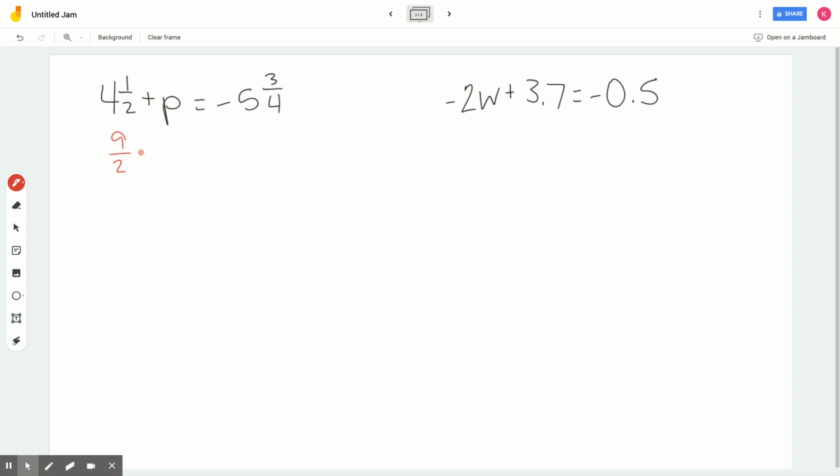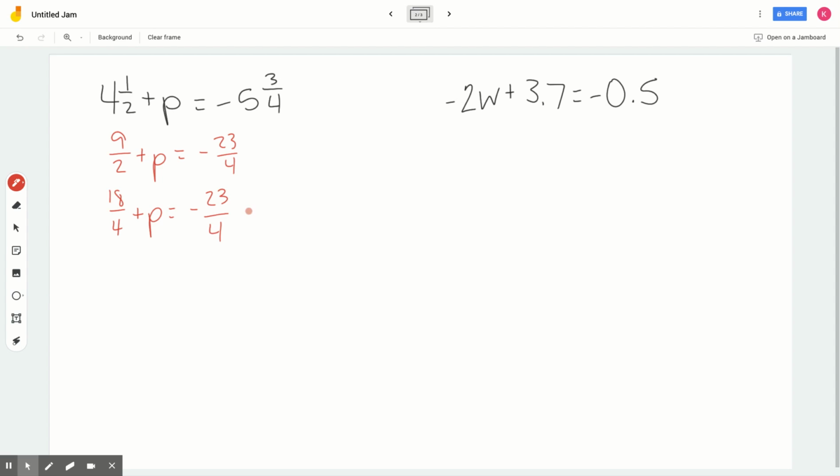So 9 halves plus p equals negative 5 times 4 is 20 plus 3 is 23/4. Now I have to have common denominators. So 2 and 4 are not common, but I can make them both into fourths.